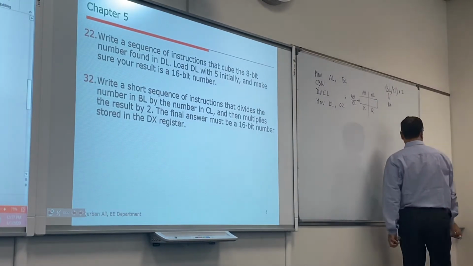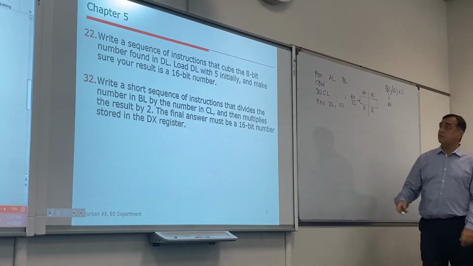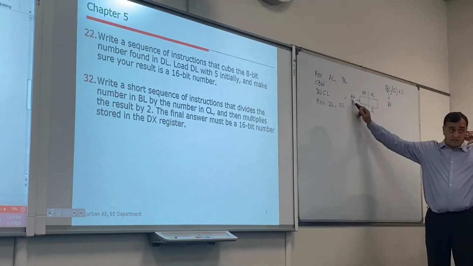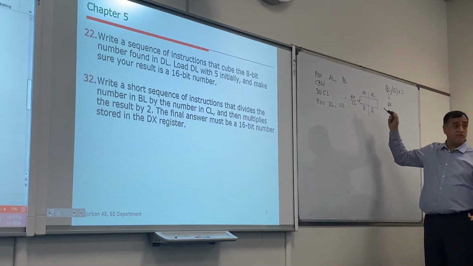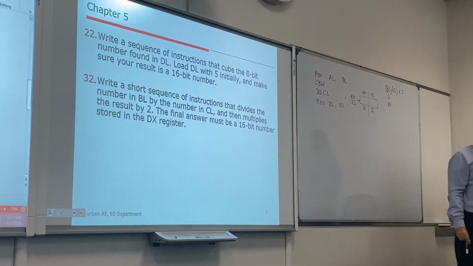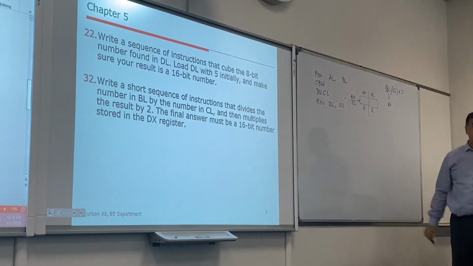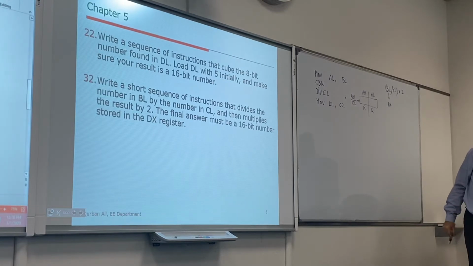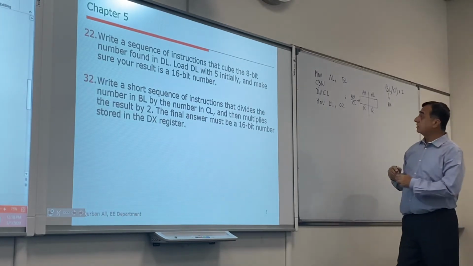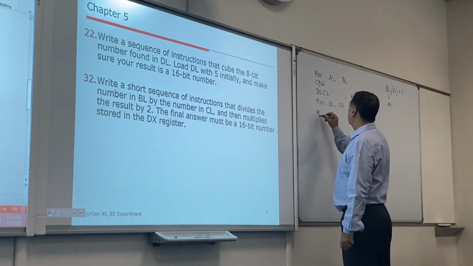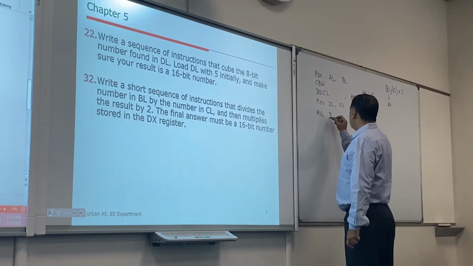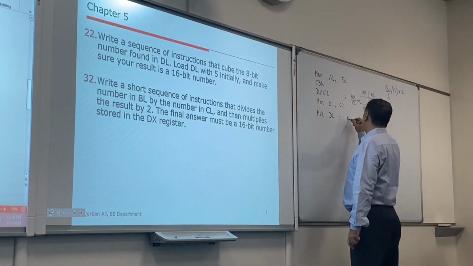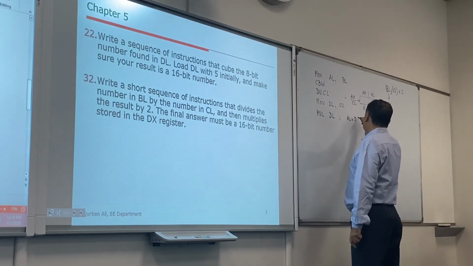Where is my answer of the division? In AX, right? But quotient is the value. This is remainder. Multiply with the quotient. You cannot multiply with the remainder. My quotient is here in AL. So I will say here mul DL, which means AL multiplied by DL.